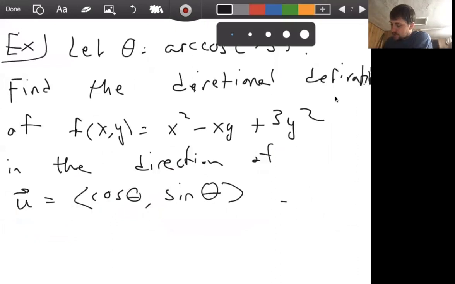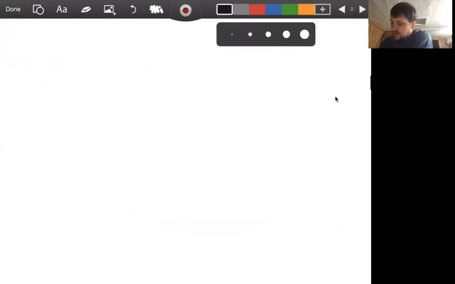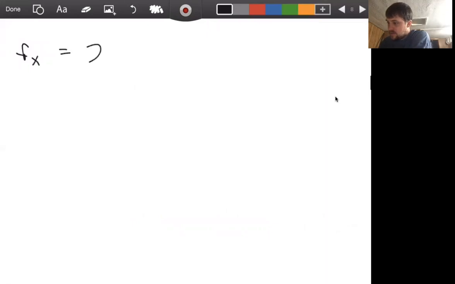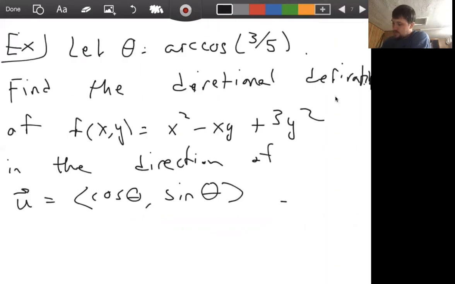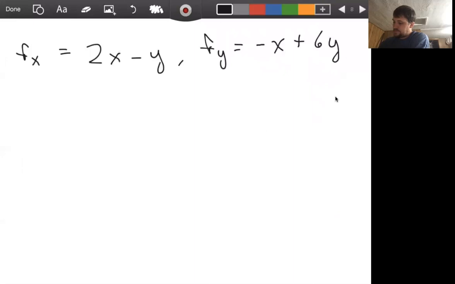So we can calculate f sub x to be 2x minus y, and we can calculate the y partial derivative to be negative x plus 6y. Okay? And then the next thing we need is cosine of theta and sine of theta.